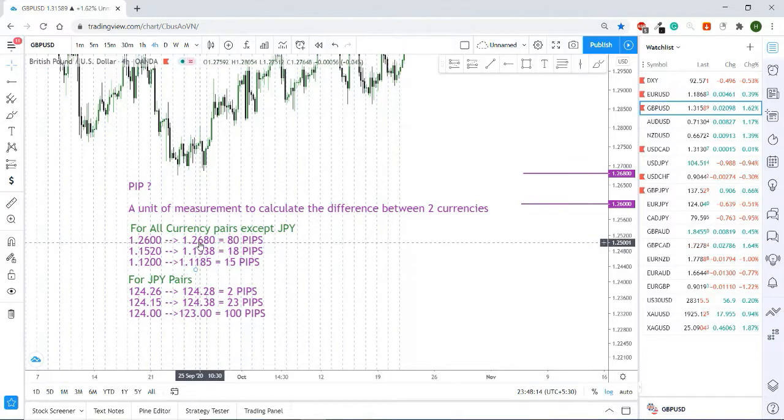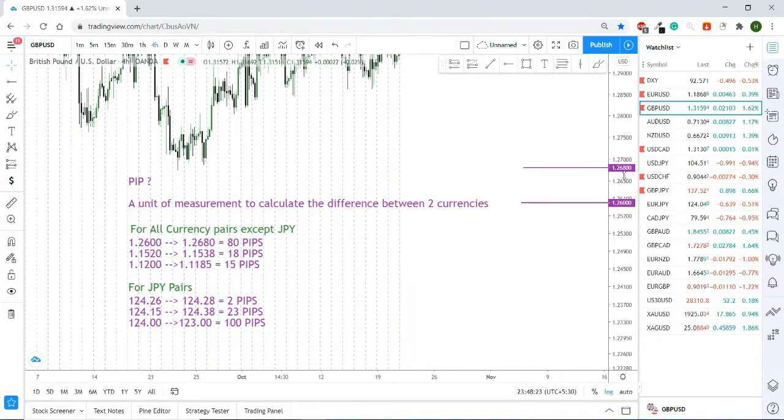We calculate the number of pips with respect to the fourth decimal place. When we consider the scale 1.26800, we neglect the fifth decimal place. 2 is the first decimal place, 6 is the second, 8 is the third, the first 0 is the fourth, and the second 0 is the fifth.